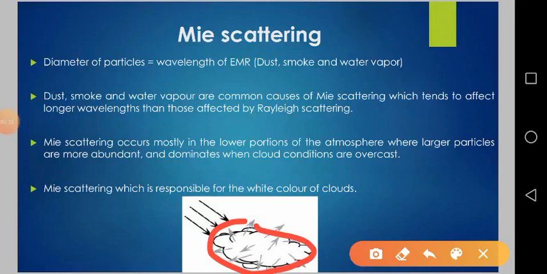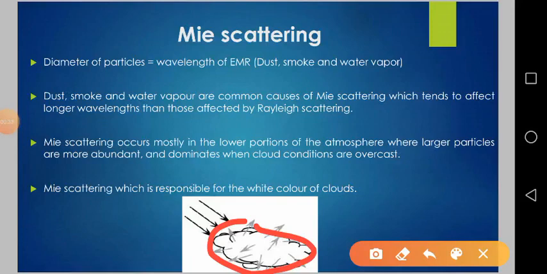So when the electromagnetic radiation passes through this portion of the cloud, the longer wavelengths are scattered more under this Mie scattering phenomenon.